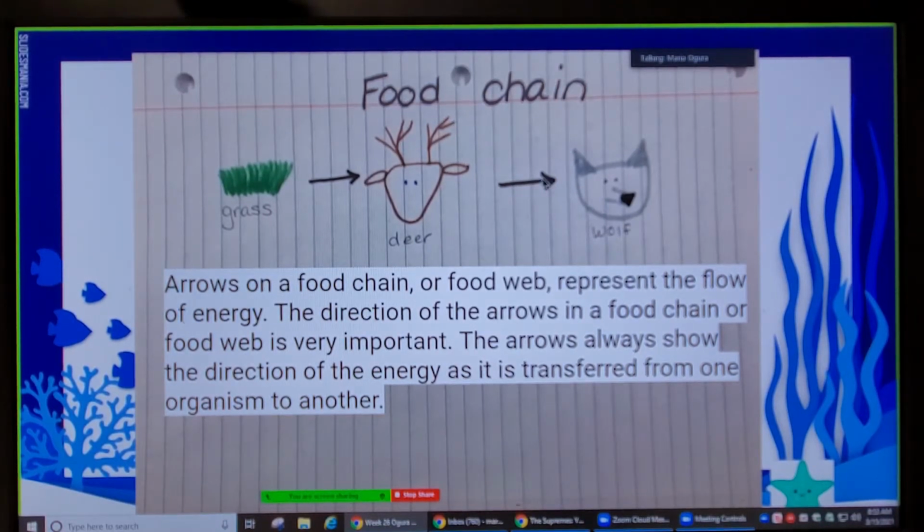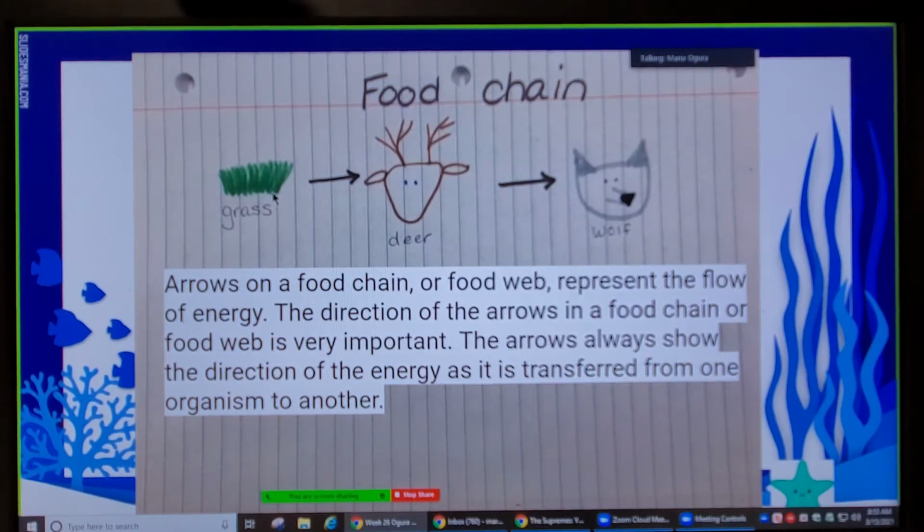But when the wolf eats this deer, that meat that was made with the glucose that came from here is going to give him energy to be able to continue to do the things wolves do and live his best wolfy life. Okay, so the arrows show us the direction that the energy is going.